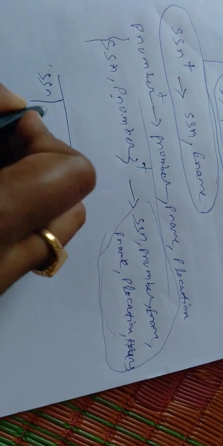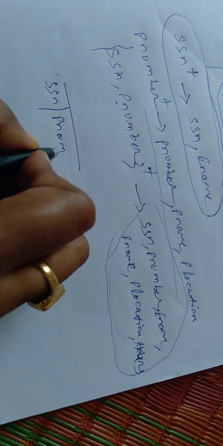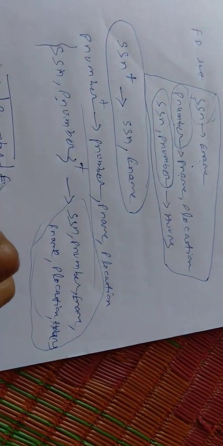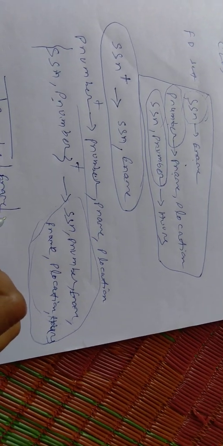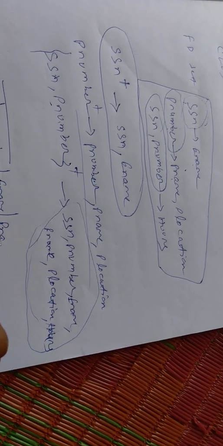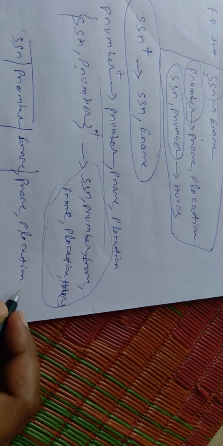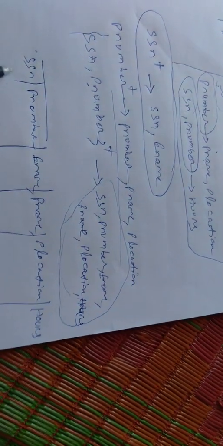Suppose the relation itself had these attributes: SSN, p number, ename, p name, p location, hours.